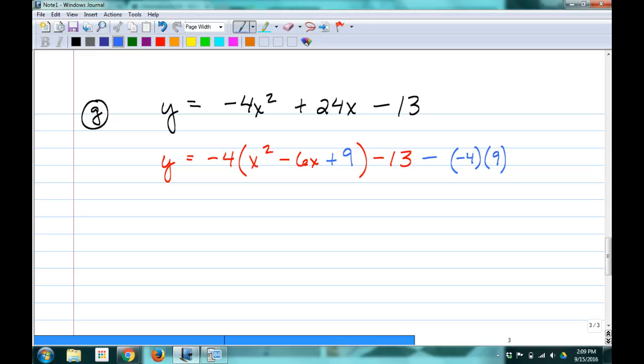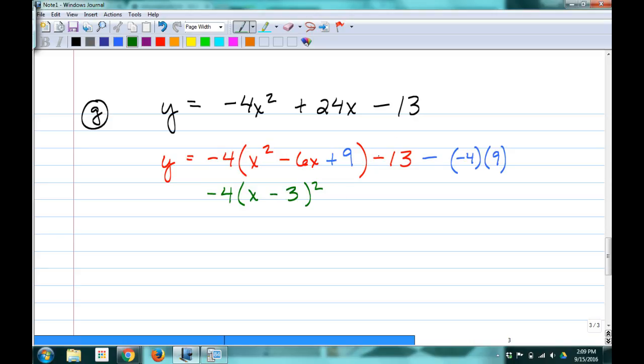Now, I've got a negative number here, but I'm still using a subtraction symbol right here. 9 is from half of negative 6. It's negative 3 squared. It's 9. I'm always going to complete the square by taking half of b and squaring it. Okay, and then we just need to simplify and write our factored form. So that'd be x minus 3.